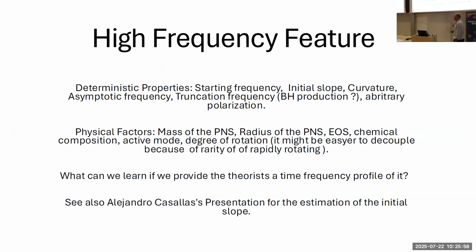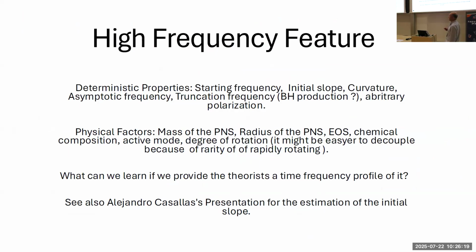So for the high frequency feature, I'm not going to say too much in terms of what we can do. I'm going to list the questions, and hopefully we can use the discussions. What are the deterministic features that we can try to establish? The starting frequency, the initial slope.